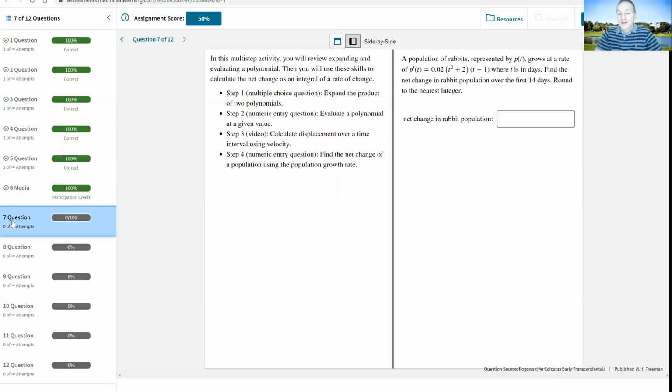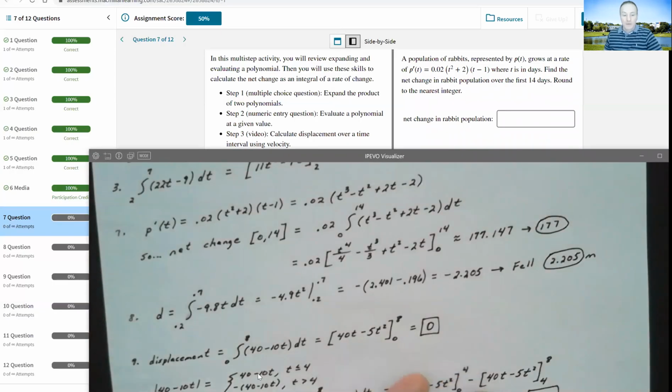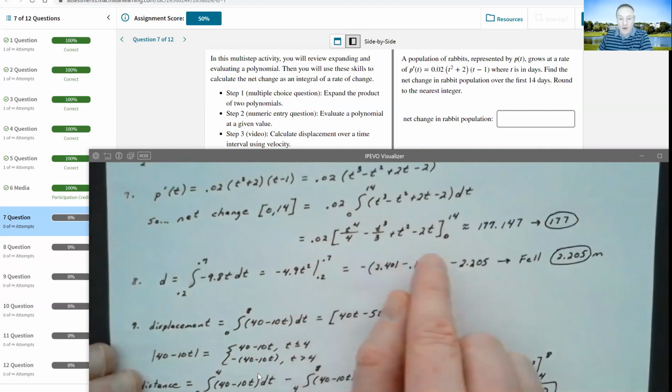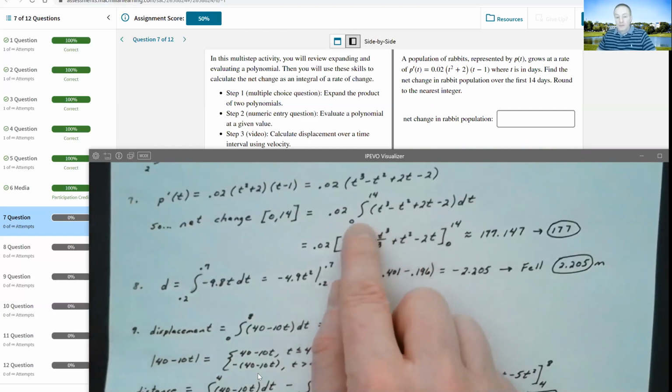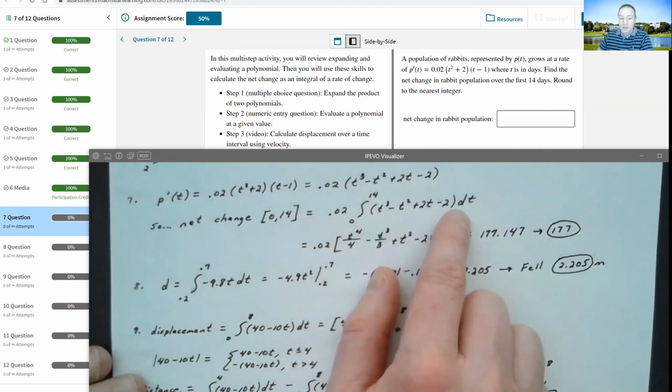And I'm supposed to find the net change in the rabbit population over the first 14 days, round to the nearest integer. Well, the net change, that's just going to be the increase or decrease in the number of rabbits. So all I have to do is say, well, it's going to be the integral from where the population began growing to where it ended growing, 0 to 14 days of my population function.